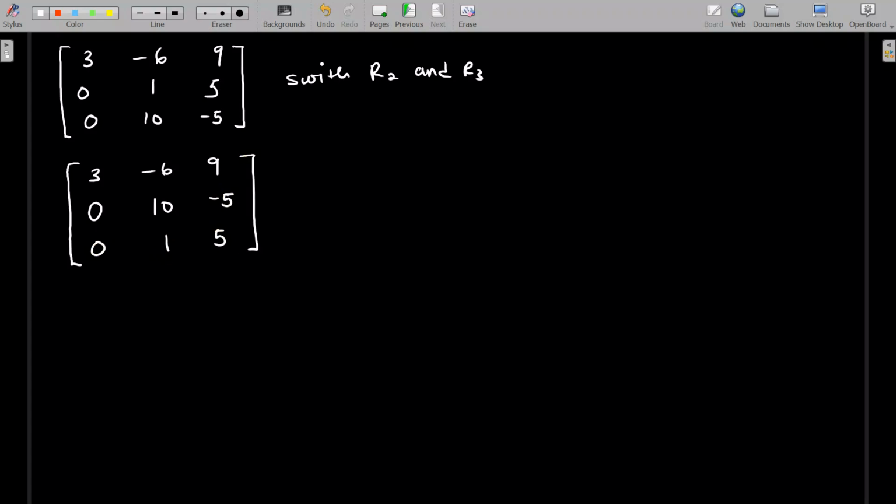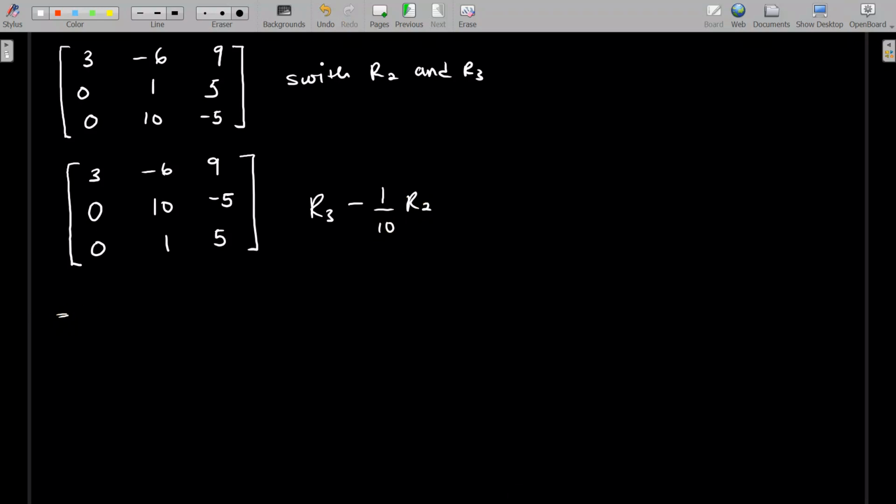Then I have to reduce the entry beneath this 10 to 0. To do that, I'm going to do row 3 minus 1 over, like I said, this guy divided by the other guy, so 1 over 10 times row 2. Remember, we also switched this row.